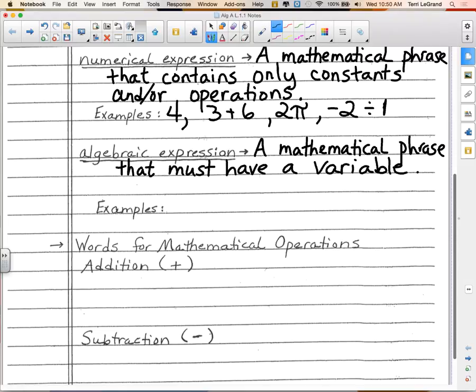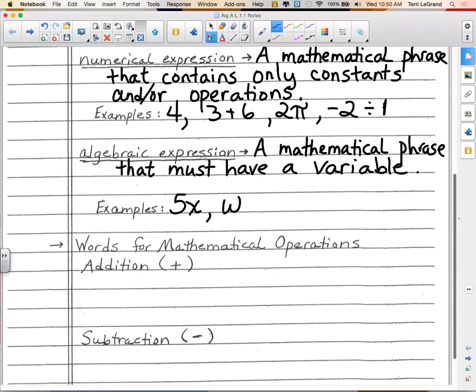Okay? So, anybody think they have an example for me of an algebraic expression? If you can come up with one? 5x. 5x, I love it. 5 is being multiplied times the variable x. So we have a constant in there, we have a variable in there, we have an operation going on. How about w? Just w.